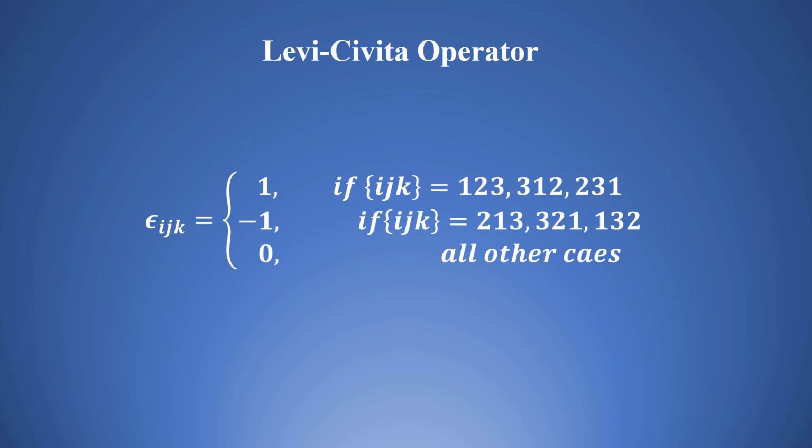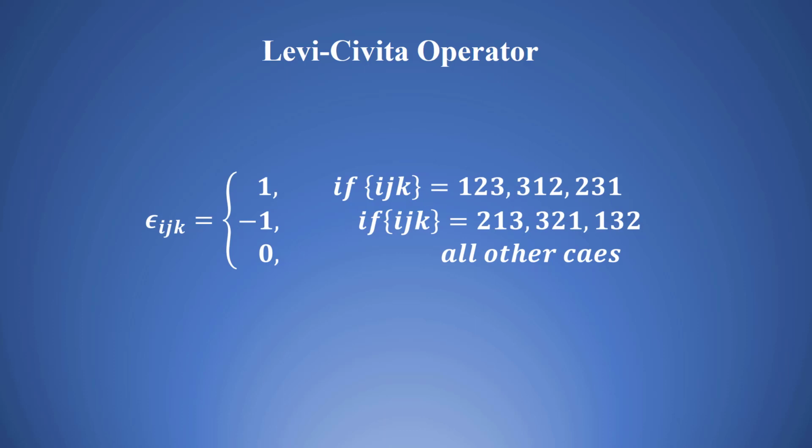And it's minus 1 when we start from 2, 1, 3, and we do the same permutation for 3, 2, 1 and 1, 3, 2. And this is called the odd permutation. And it's 0 if two or more indexes are the same, for example, epsilon 1, 1, 1, epsilon 2, 1, 2.